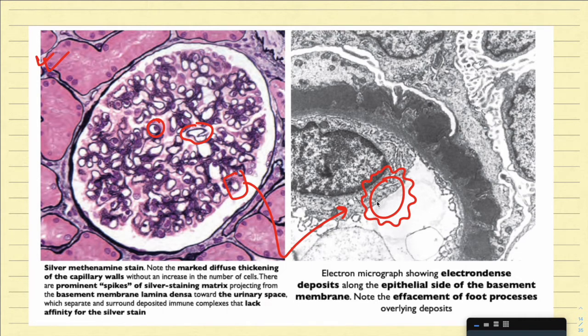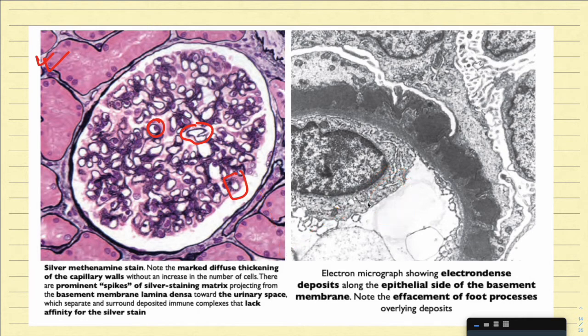This is basement membrane material, which is protruding from the glomerular basement membrane lamina densa towards the urinary space, towards the outer side in Bowman's capsule. So there is a prominent diffuse thickening of the capillary wall, along with characteristic spikes of silver staining basement membrane material, which becomes very important in this case.